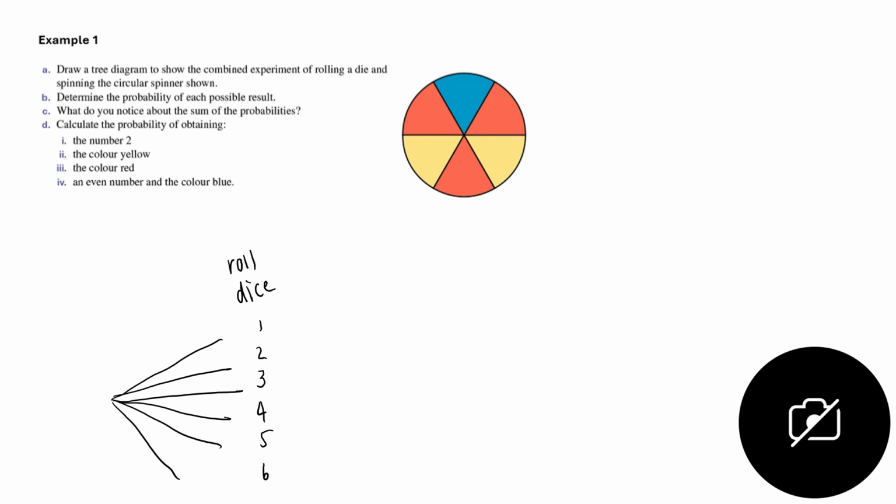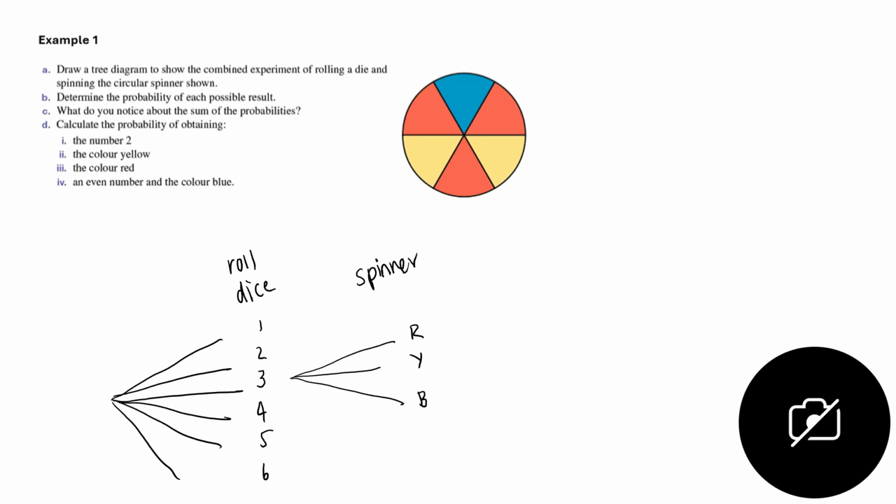But I just want to do this so that you can see what the options are. Now off this, we also have our spinner. How many colours can you see on the spinner? There's red, yellow, or blue. I'm just going to do it off the number 3 for now, but you will have these options coming off every single dice roll. So you're going to have red, yellow, and blue.